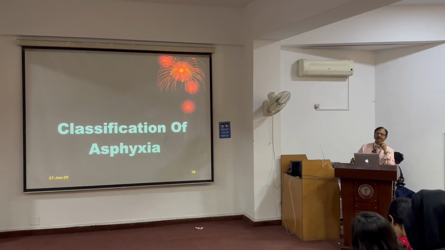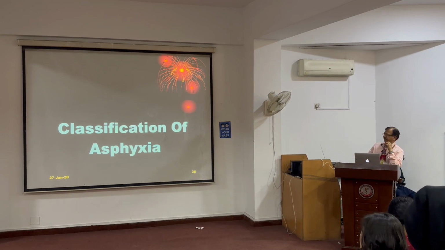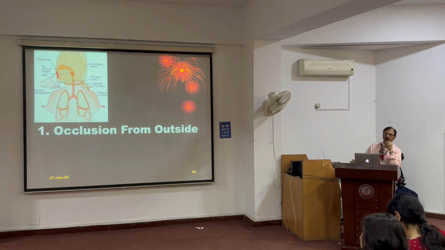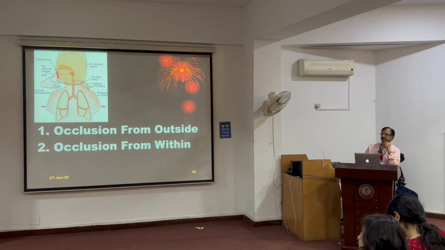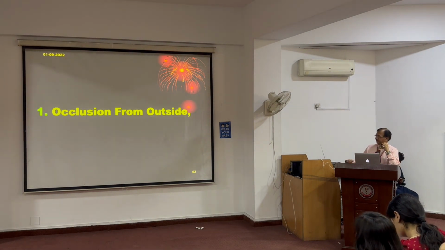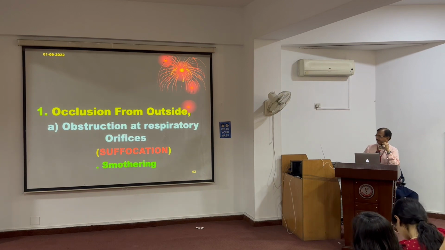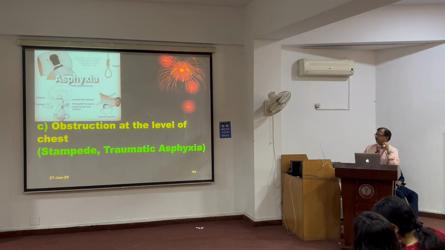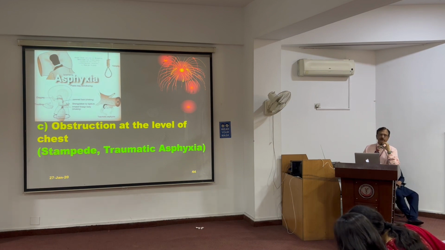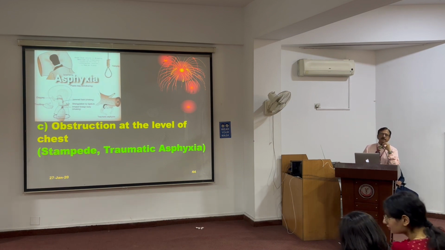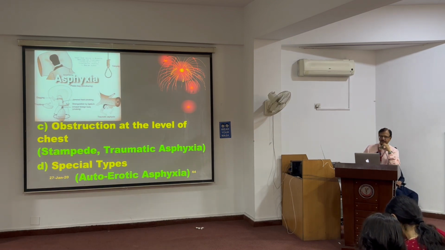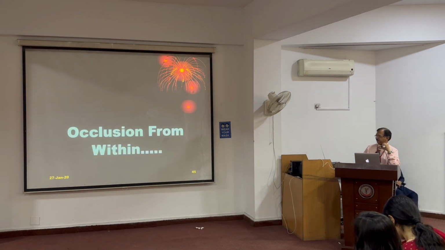Now again, starting the specific asphyxial deaths. In mechanical asphyxia, the most important are occlusion from outside and occlusion from within. From outside, it can be suffocation, which is with smothering or overlaying, hanging and strangulation, stampede or traumatic asphyxia, which is obstruction to the movement of the chest, and then a special type which is autoerotic asphyxia.